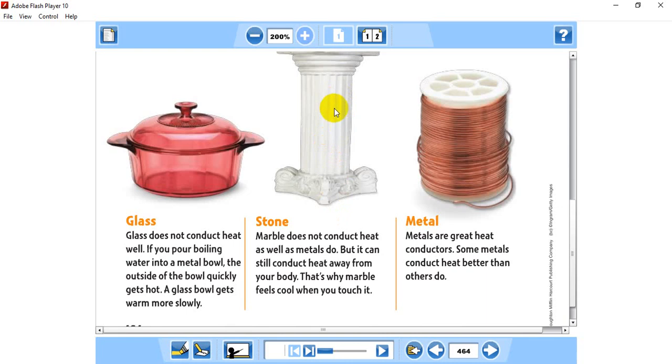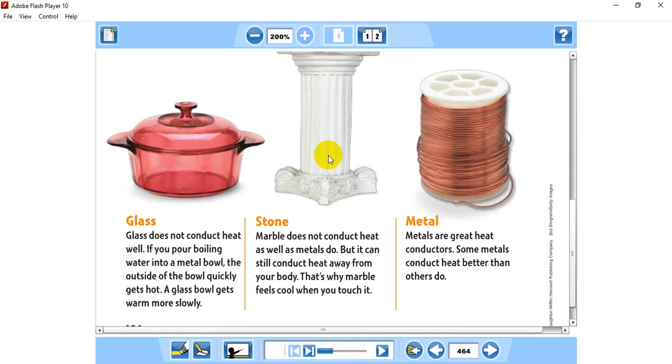Because the marble particles are also absorbing the heat so slowly. For that reason the heat will move among the particles slowly.